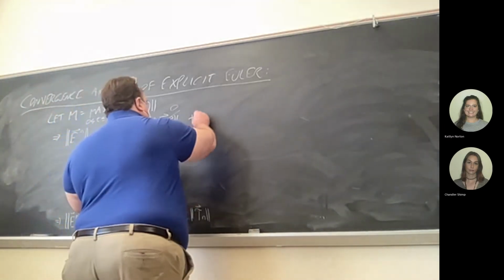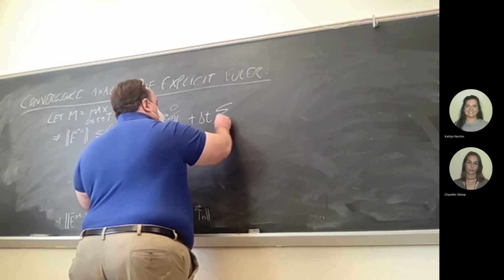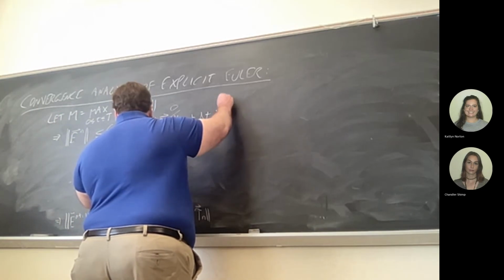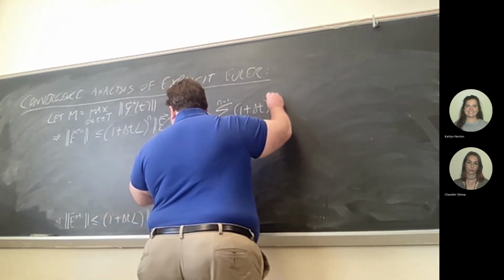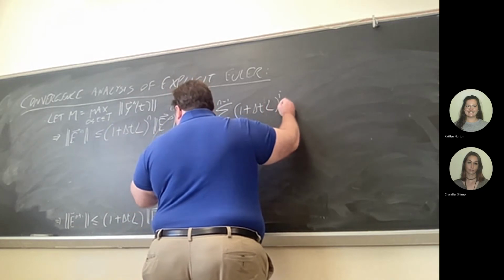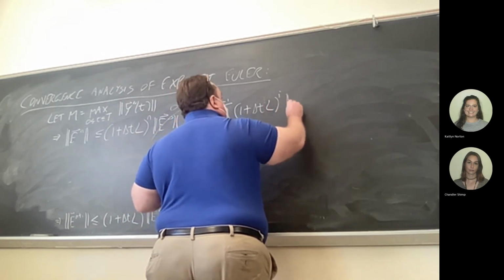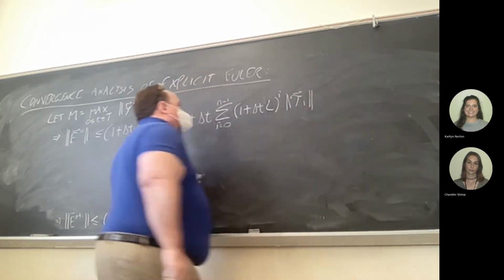Plus ΔT times a sum of powers of (1 + ΔT L), the i-th power times the local truncation error at each time.